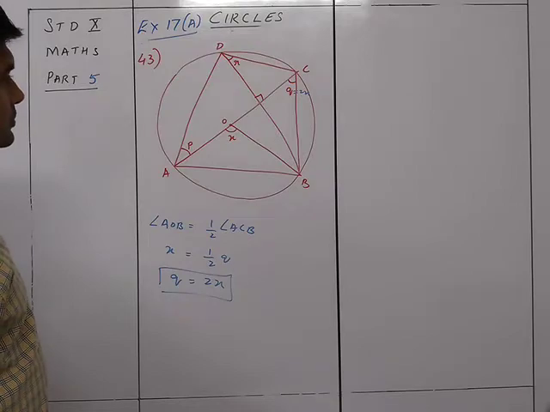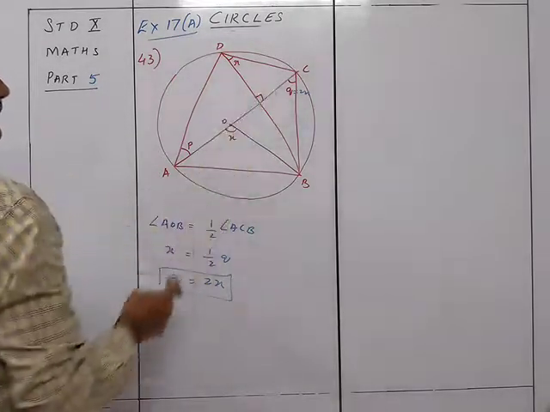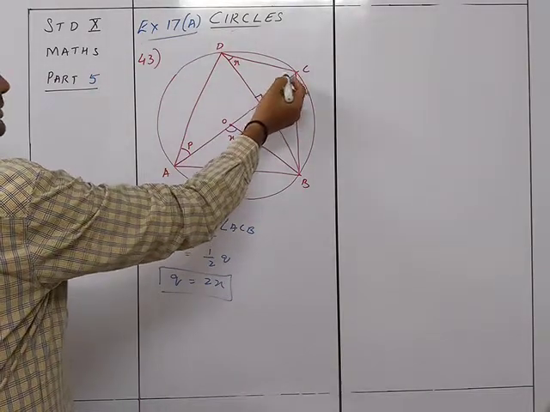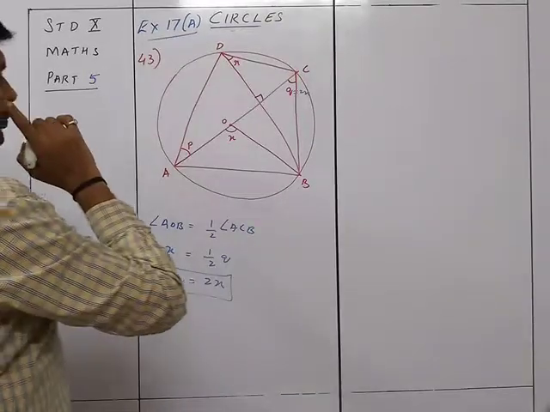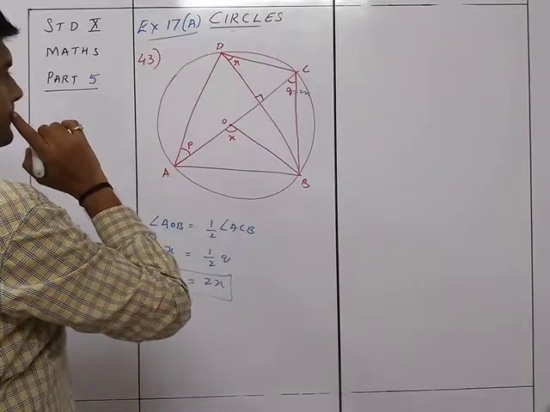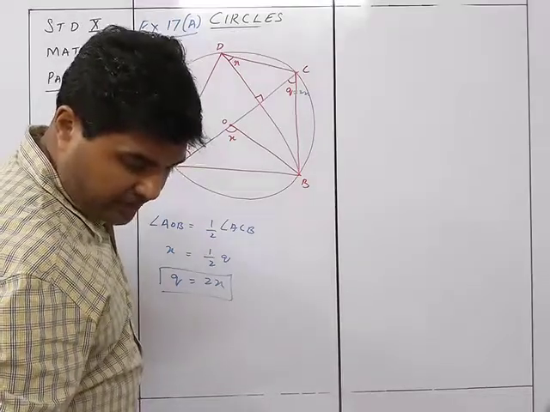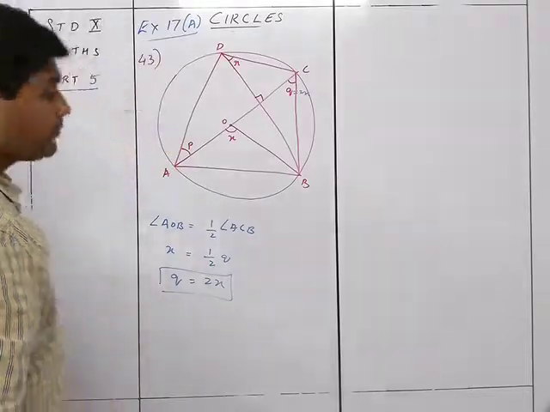Now what we have is this is 90 degree. So if this is 90, this is 2x. AC is the diameter and BD is perpendicular to AC.